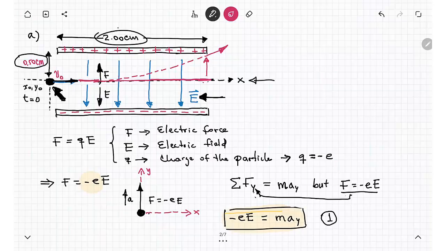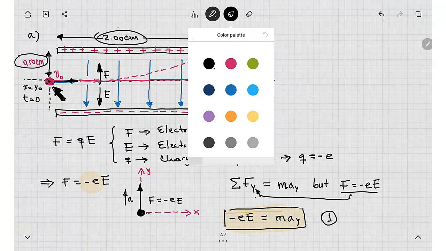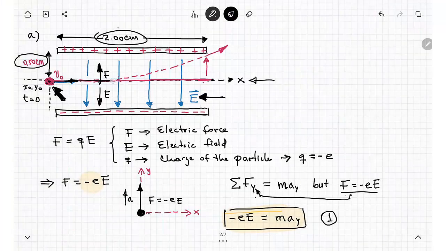The particle is not experiencing any deflection on its path.